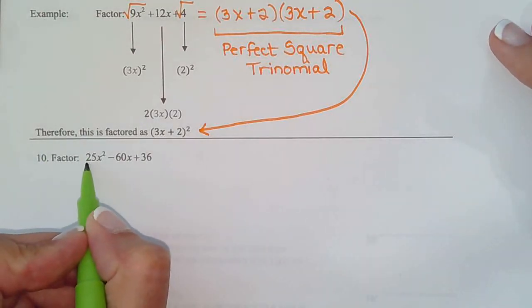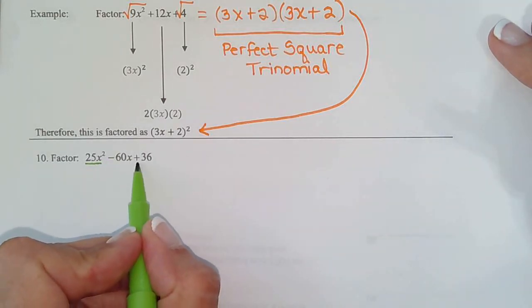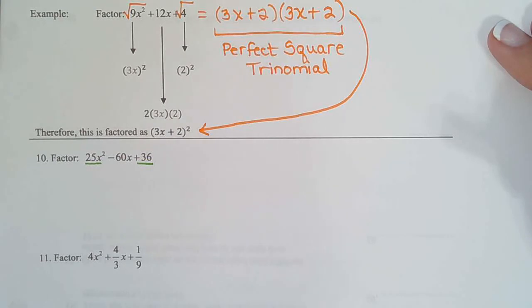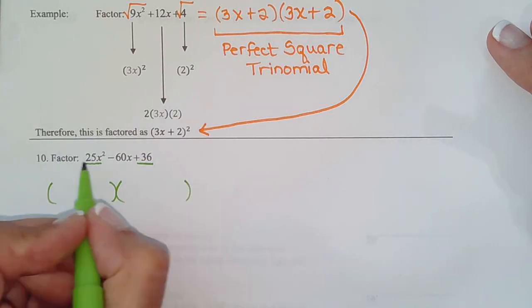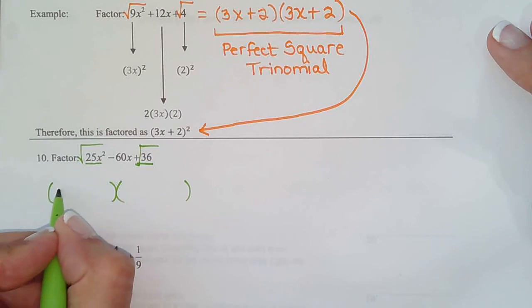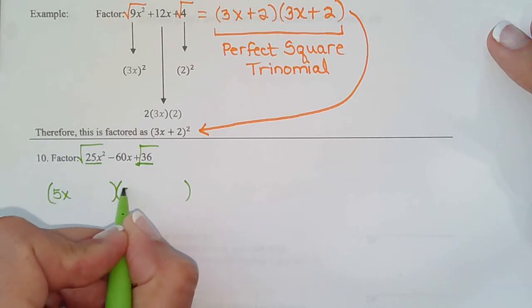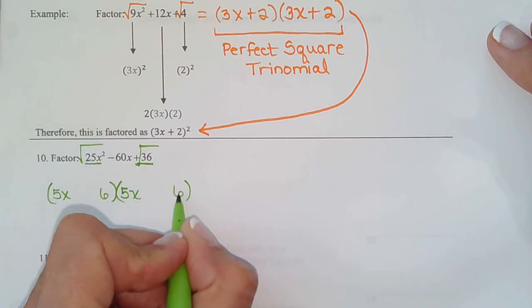So is this a perfect square? Yes. 5x times 5x is 25x squared. Is this a perfect square? Yes. 6 times 6 is 36. So that means I could try the little shortcut where you take the square roots. So square root of 25x squared is 5x. I put it in both of these slots. Square root of 36 is 6.